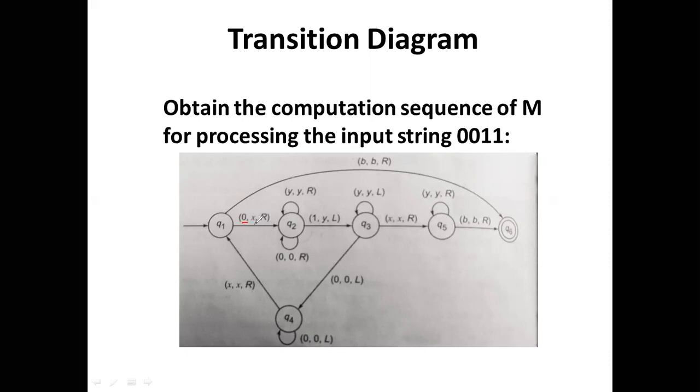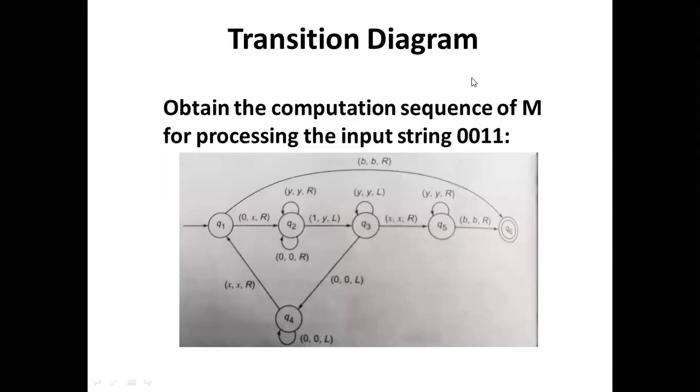So if Q2 reads the input symbol 1, it will replace it by Y, and the read write head moves to the left side, that is L, and it will move to the next state, that is Q3. So that's all for the transition diagram of the Turing machine.